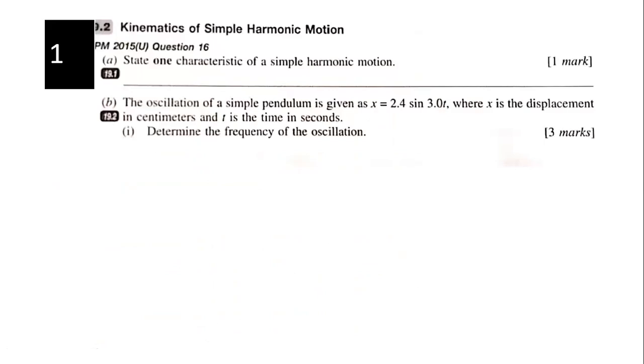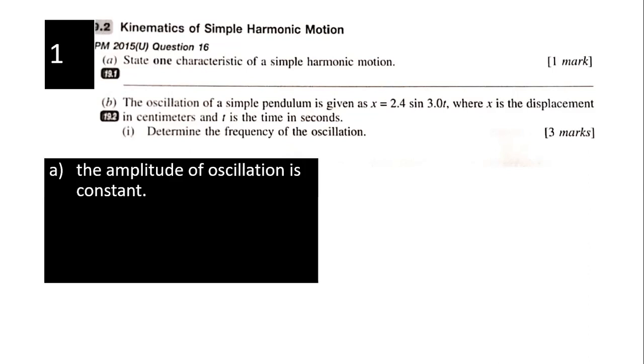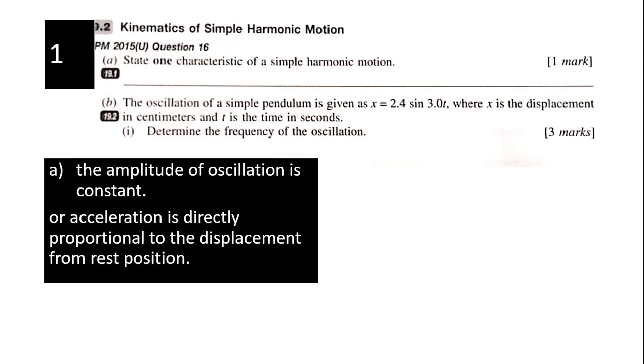State one characteristic of simple harmonic motion. One characteristic of simple harmonic motion is that acceleration is directly proportional to the displacement from the equilibrium position, in the opposite direction.